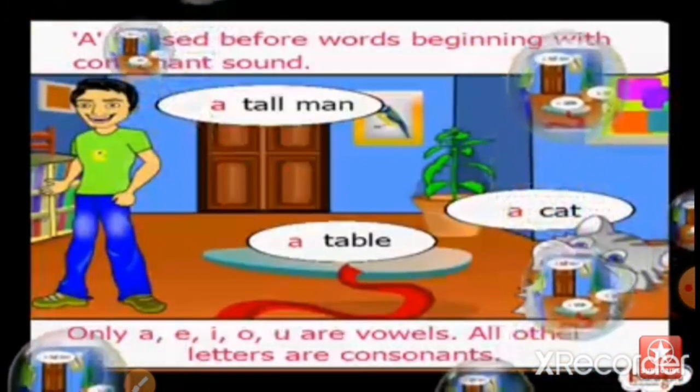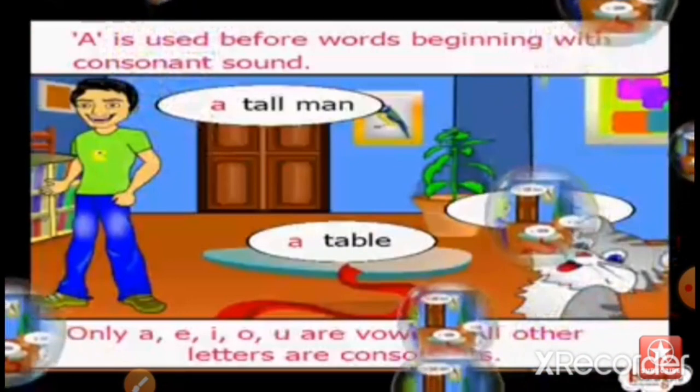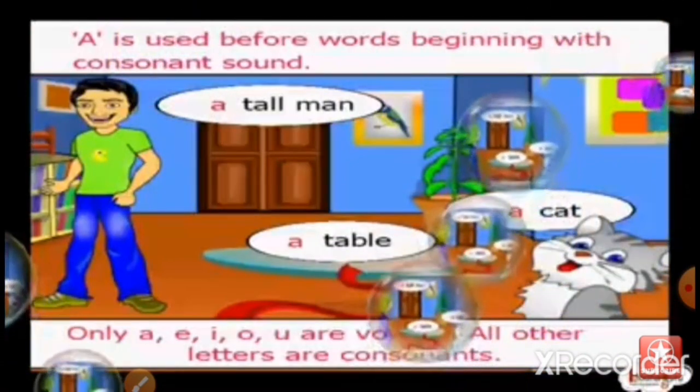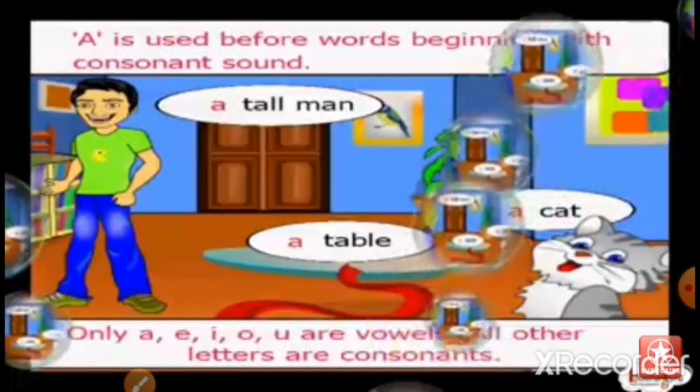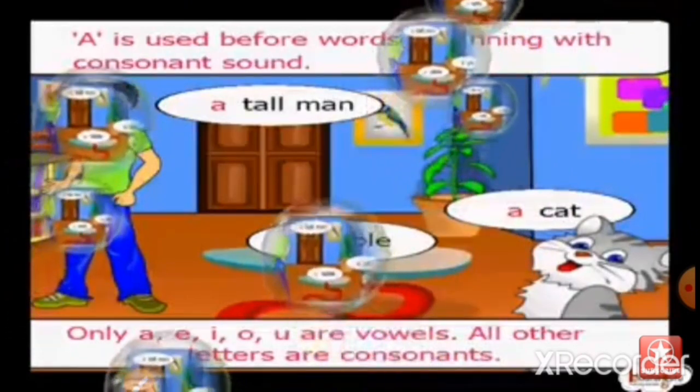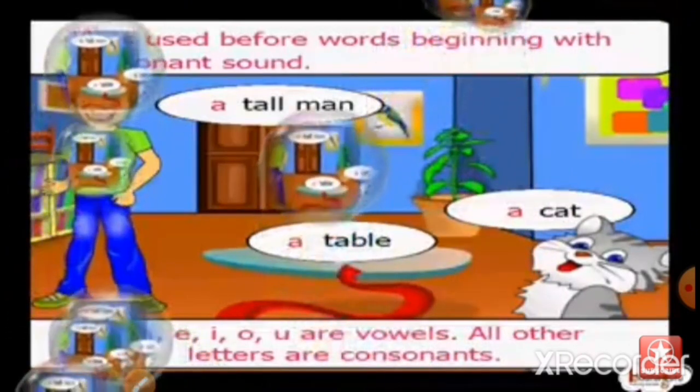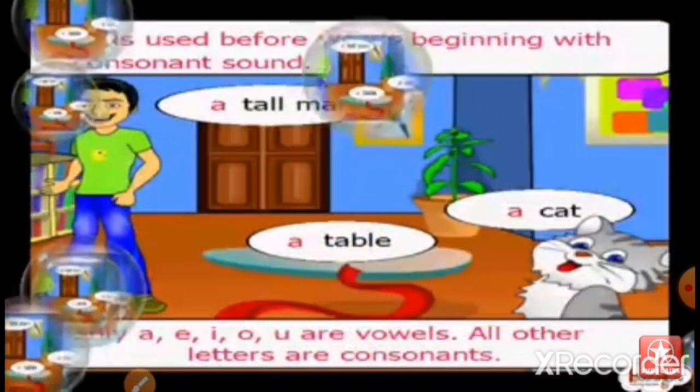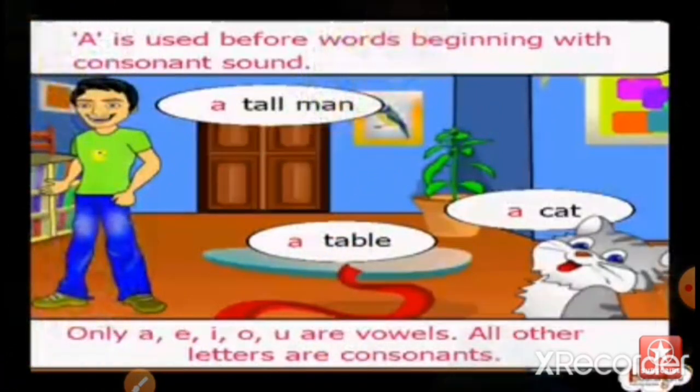There are 26 alphabets in English, in which 5 are vowels and the rest, 21 letters, are consonants. Now you have to revise the different articles with different nouns or words.